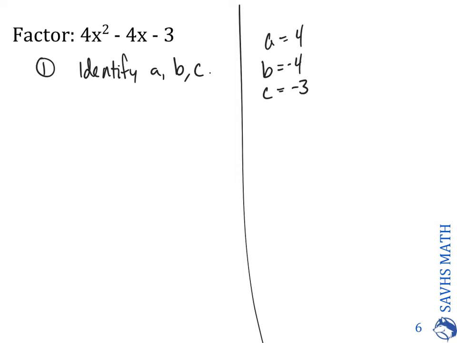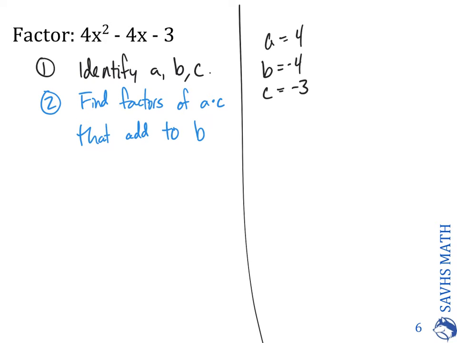Then step 2 is to find factors of A times C that add to B. Okay, so I'm just going to highlight a little bit here so that we are clear. A times C is negative 12.